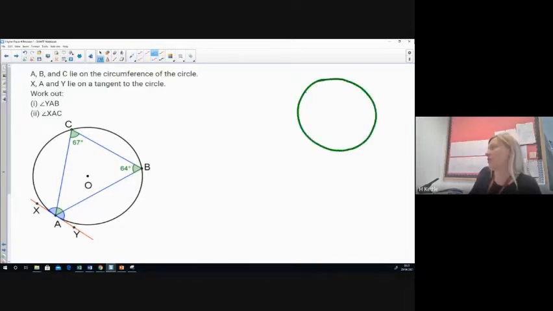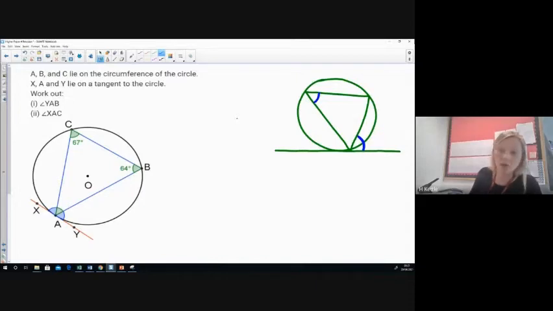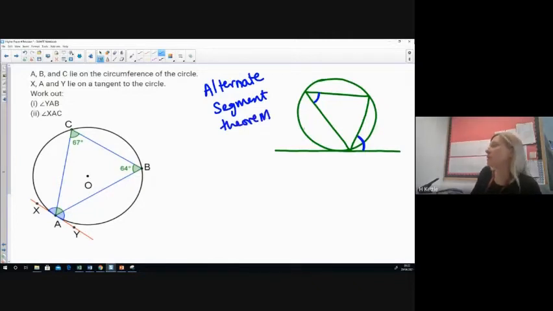So if I've got my circle and I have a triangle inside it, and it's on a tangent, that's terribly drawn, then we know that this angle here is the same as this angle here, using the alternate segment theorem. So we know that these two are the same. We also know that this one is the same as this one.